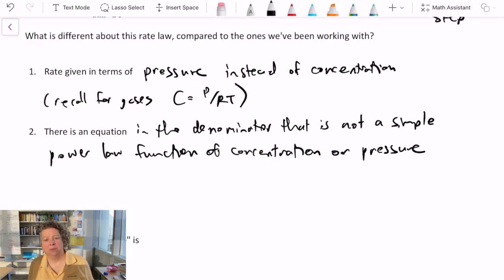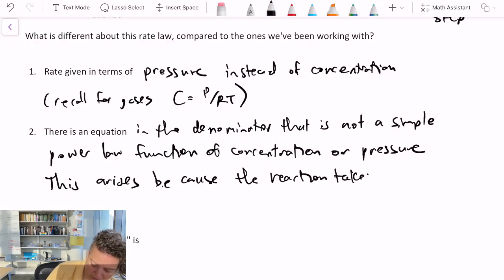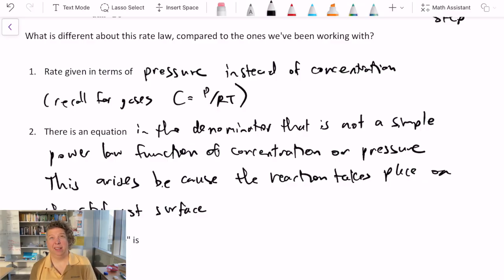This arises because the reaction takes place on the catalyst surface, and the catalyst surface has a finite number of sites on which the reaction can happen.